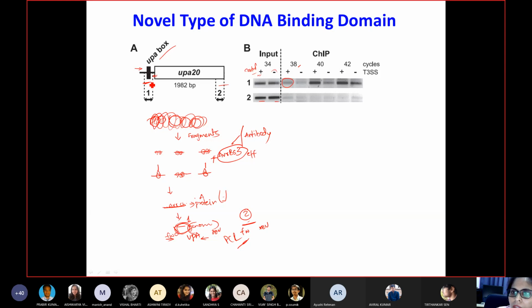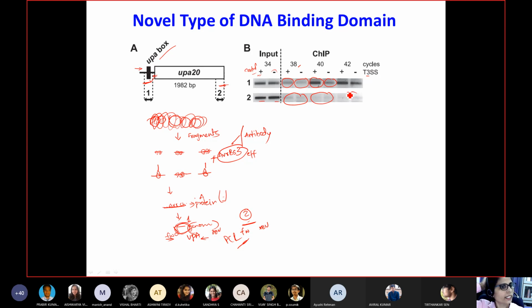And for the second region, even after 38 cycles or 40 cycles or even 42 cycles, you do not see any specific amplification of this region. With this kind of ChIP assay, you can say whether your protein of interest is binding to your DNA or not. So with the ChIP assay, they were able to show that the UPA box was the place where your AVR protein is binding, and especially after 40 cycles, you see a prominent effect.